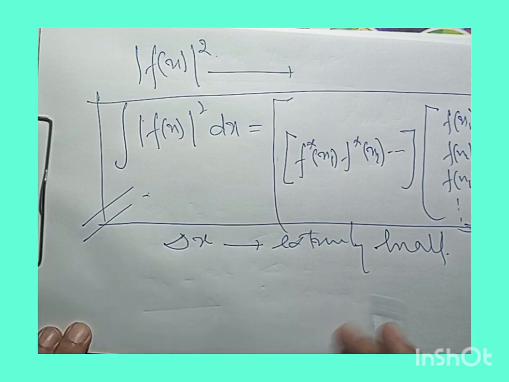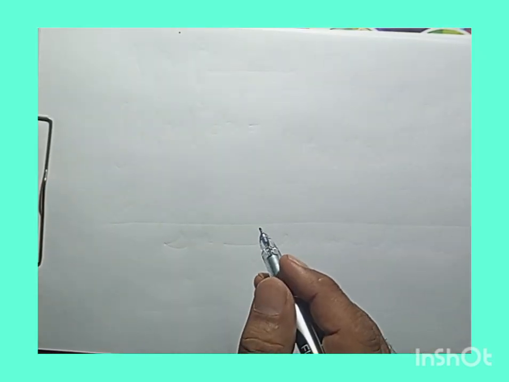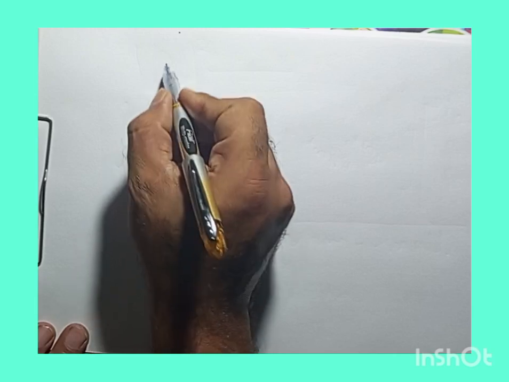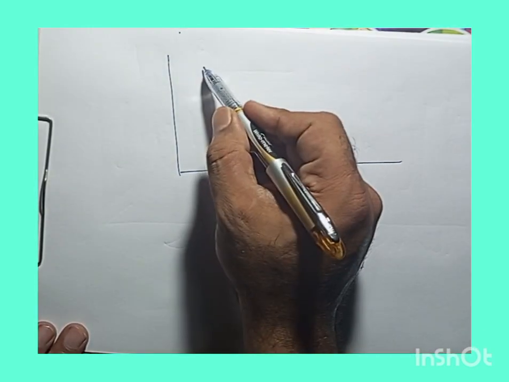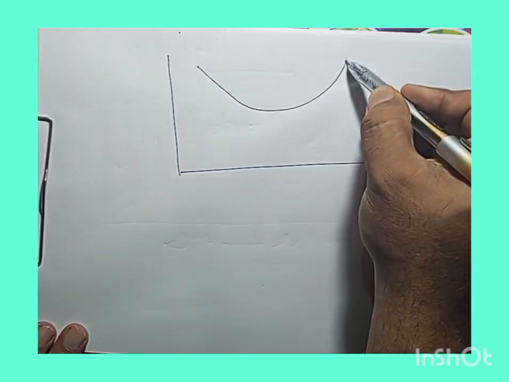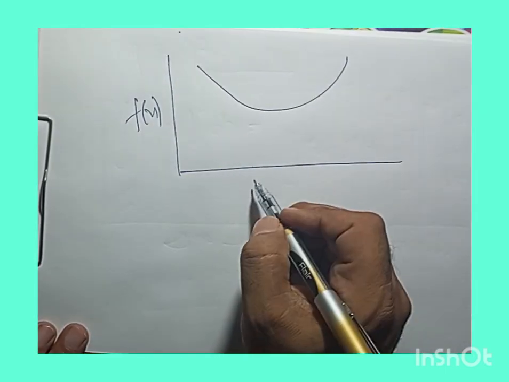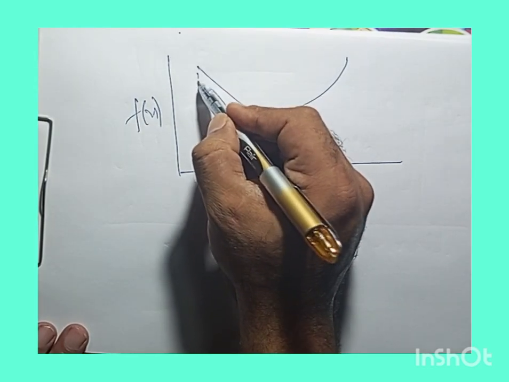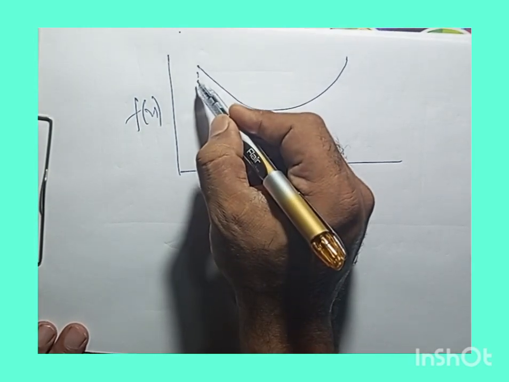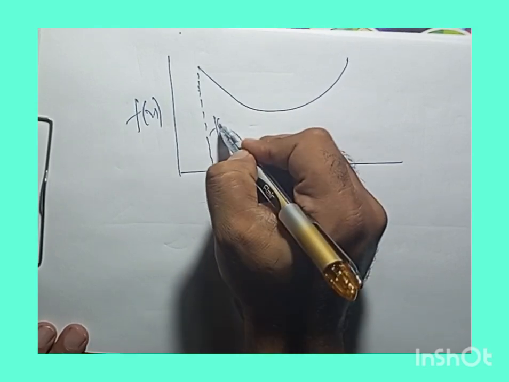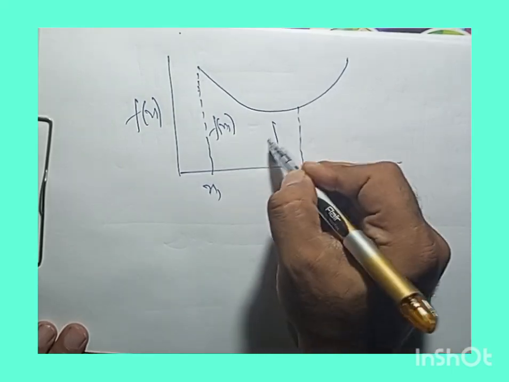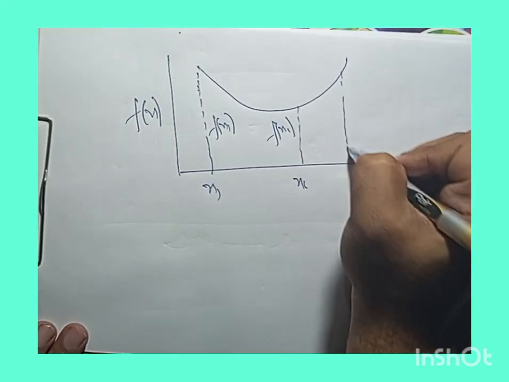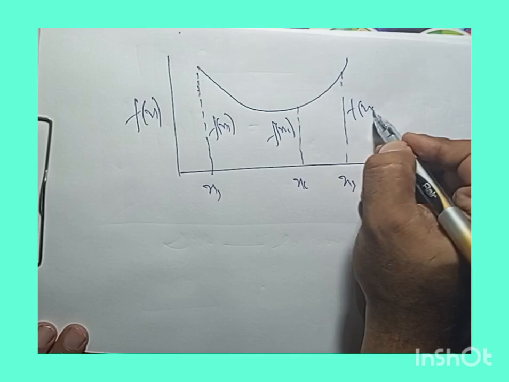For that, if I take a simple example, say I have a function f of x along y, and I have x along the x-axis, and let's assume that I have a plot like this, and this is my f of x. Then I have some values. Say if I treat this point as f of x1 at x1, I'll choose another at x2, that's f of x2, and I'll choose another x3 at f of x3.